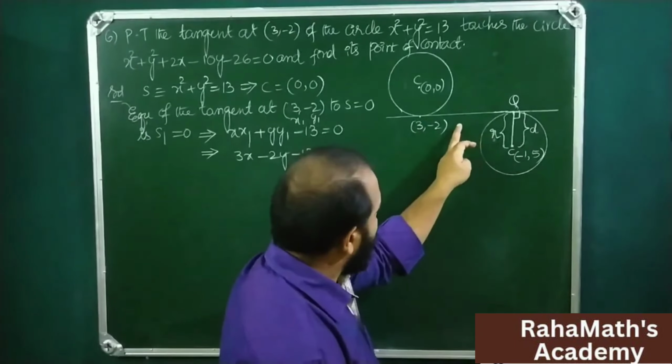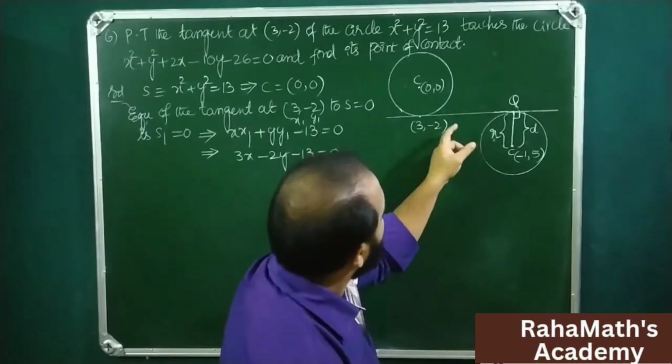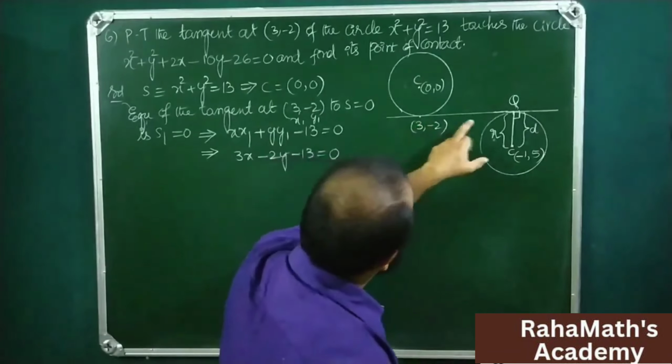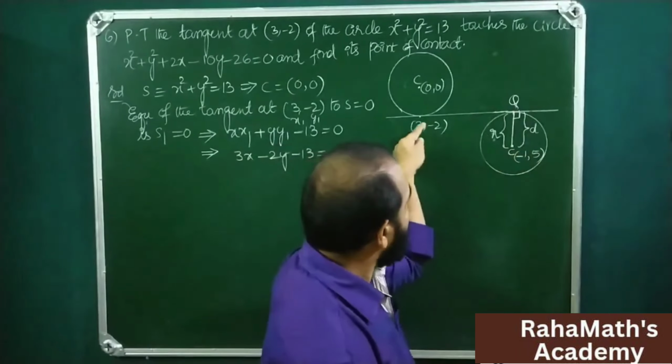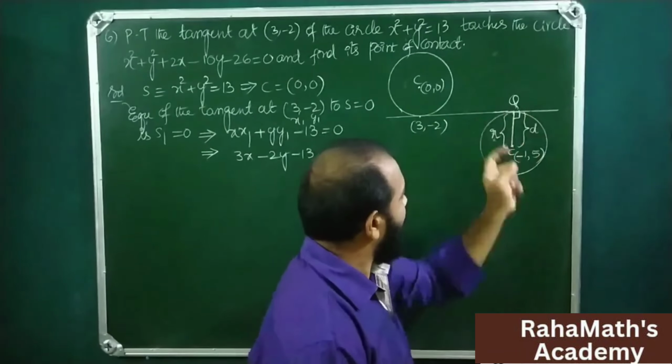Tangent is also a line. So this line, we need to show that this line touches this circle. Clearly the diagram shows that this line touches this circle.